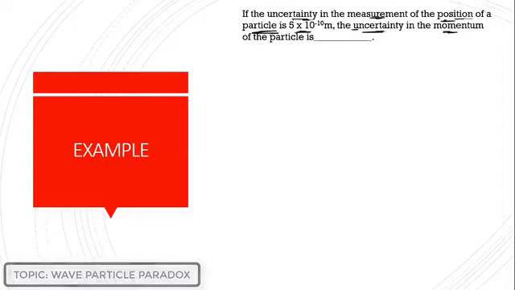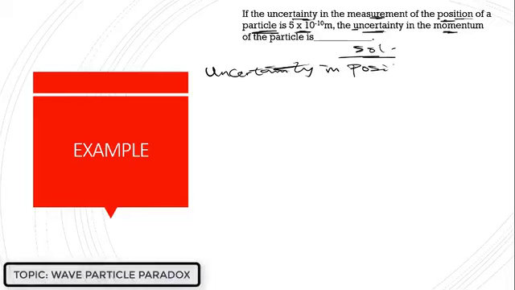Remember that for this particular question, the solution is going to be, first of all, we need to identify our uncertainty in position. So uncertainty in position is a change in x, which is equal to 5 times 10 raised to the power minus 10 meters.